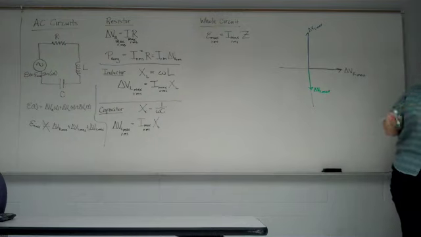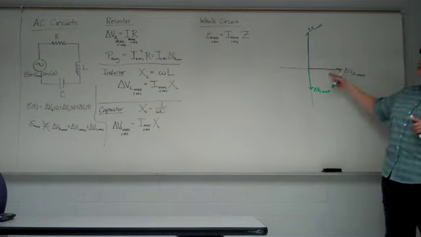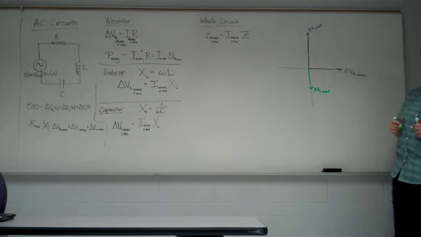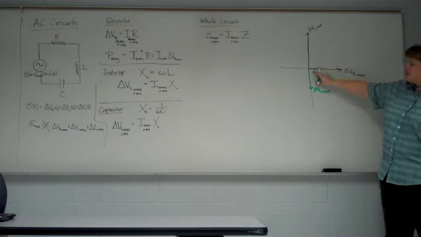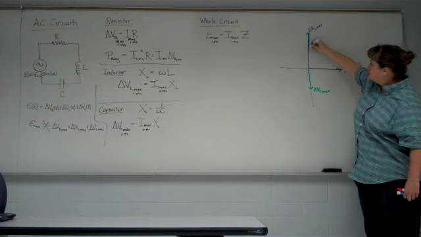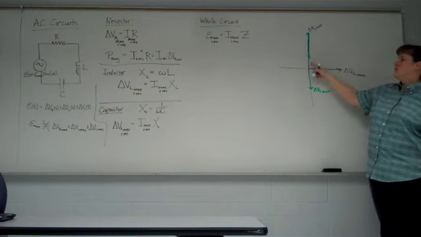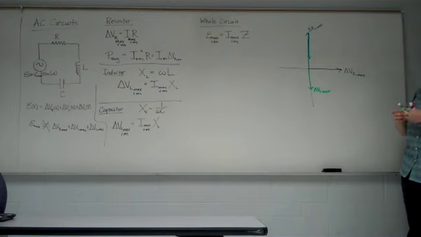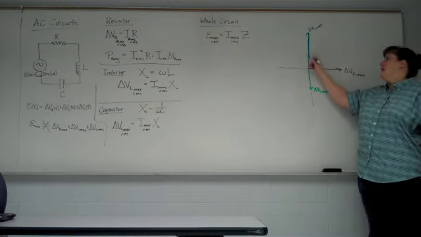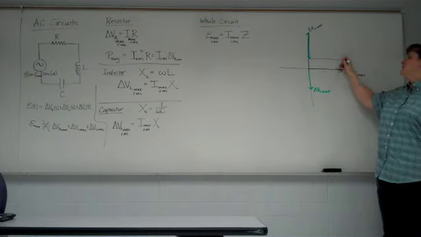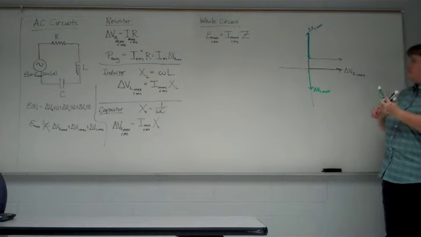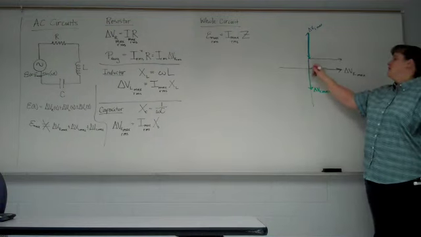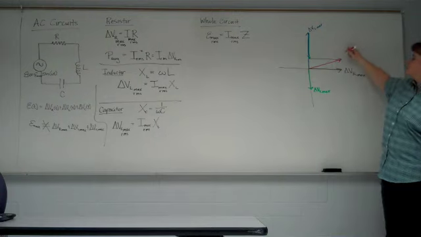To figure out on a whole what's going on, we need to add these three vectors vectorially. So if I add delta VL and delta VC, since this guy's coming down, we get that little piece. Add on delta VR, the result, right here, the result represents the maximum source voltage.